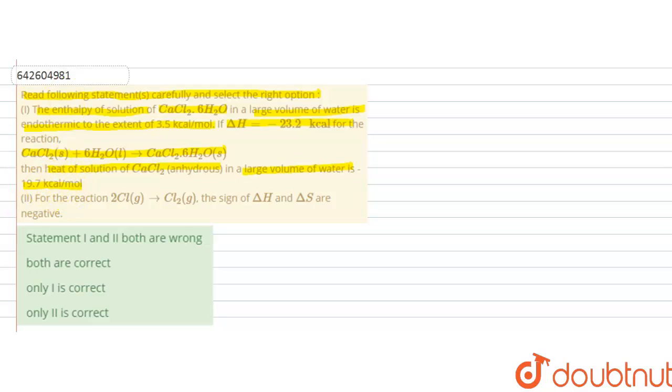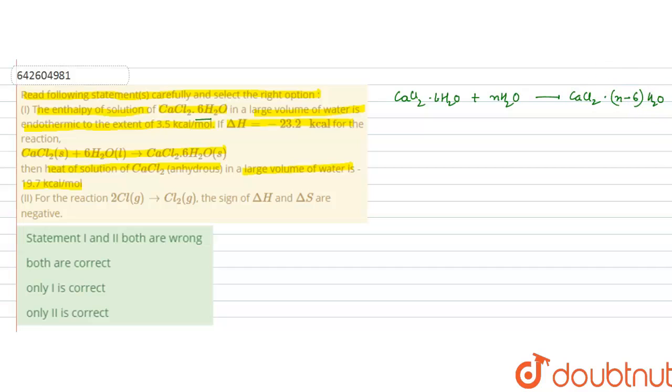mole. So the first statement is saying the enthalpy of solution of CaCl2.6H2O in a large volume of water. If we write the reaction, it would be CaCl2.6H2O, and since it is in a large amount of water, we write n H2O, so it will form CaCl2.(n minus 6)H2O.